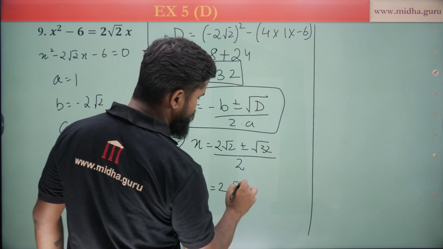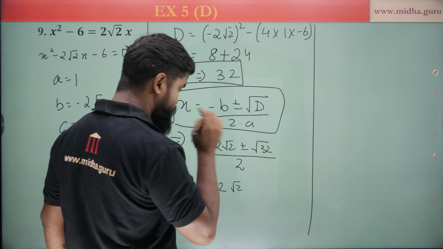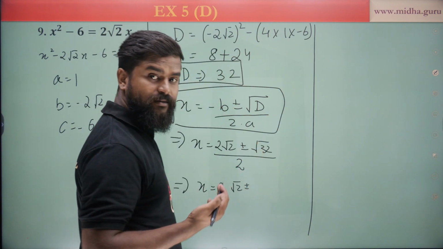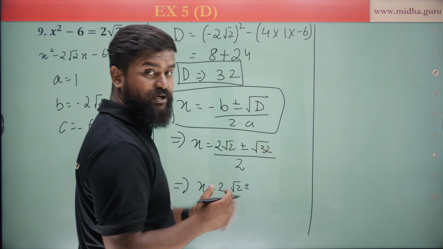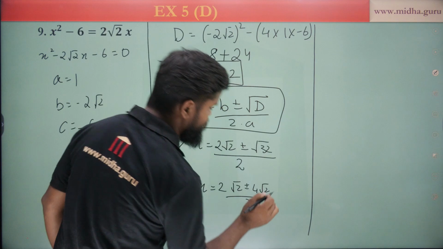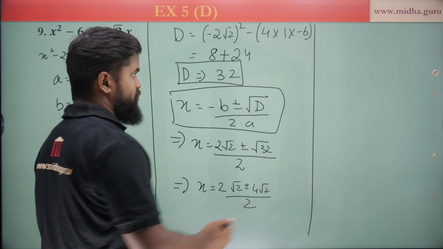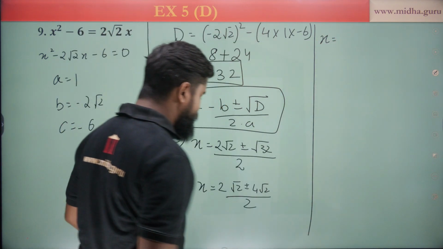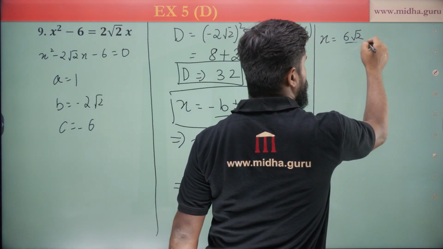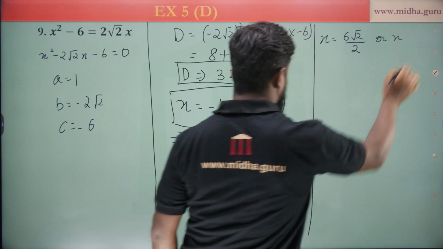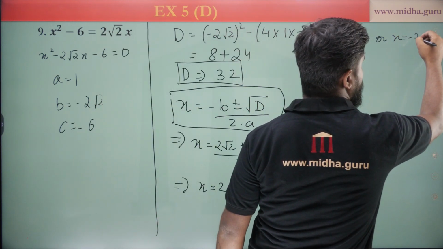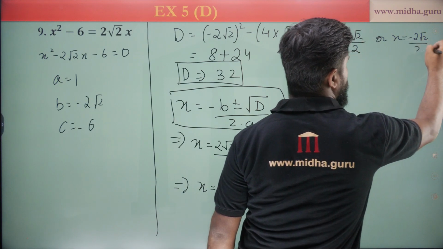Now we do not know the value of root 32, but I can write it as 16 into 2, so root 32 is 4 root 2, divided by 2. So x is either equal to 2 root 2 plus 4 root 2, which is 6 root 2 divided by 2, or x is equal to 2 root 2 minus 4 root 2, which is minus 2 root 2 divided by 2.